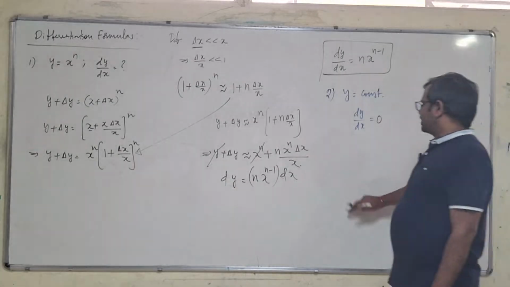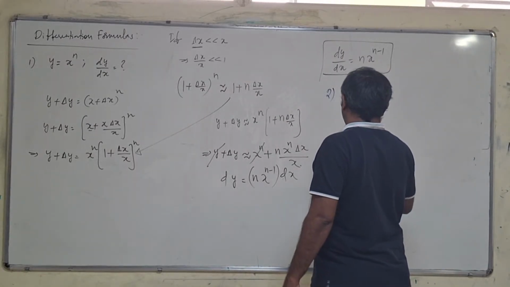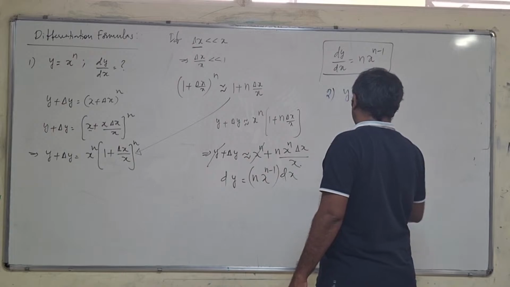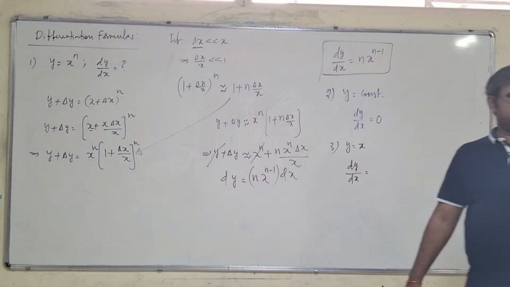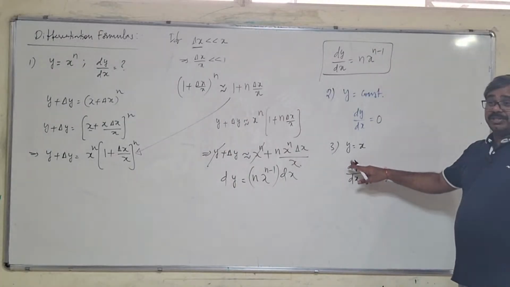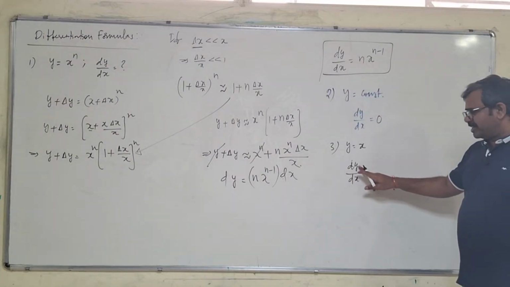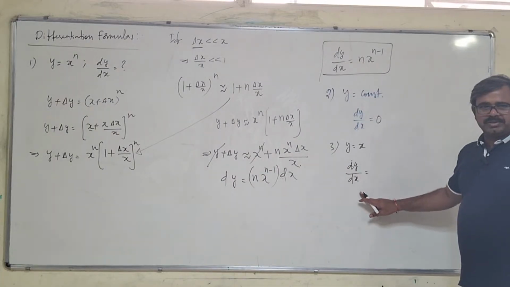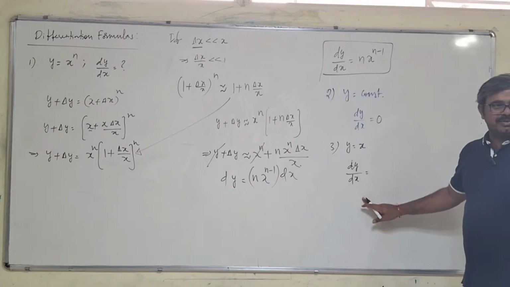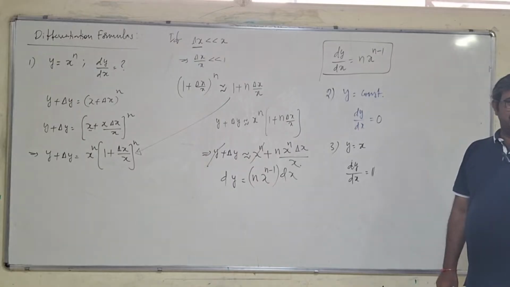If y is equal to x, what is dy by dx equal to? When y is equal to x, change in y is also equal to change in x. Small change in y is equal to small change in x. So what is dy by dx equal to? 1. You understand this?